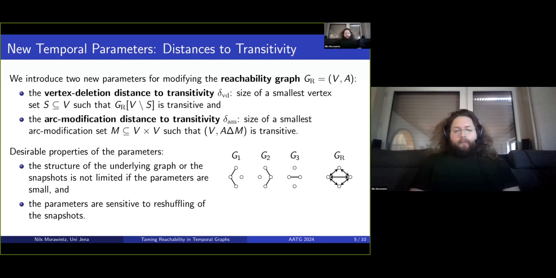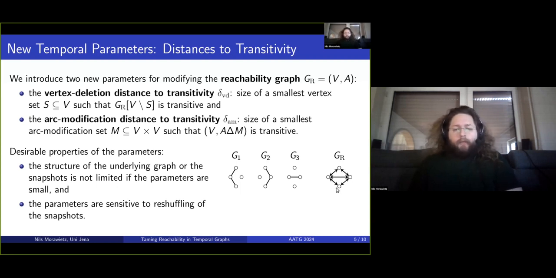Let's say we have here a temporal graph with 3 snapshots, and you don't have to verify this for yourself. This would be the reachability graph. You can see this reachability graph is not transitive, because we have at least one intransitivity here from the bottom to the top one.